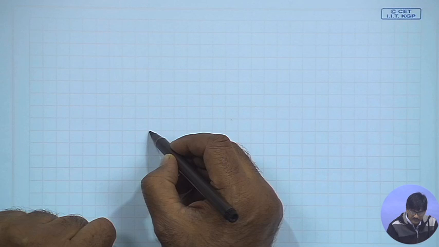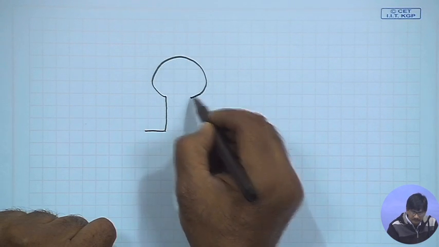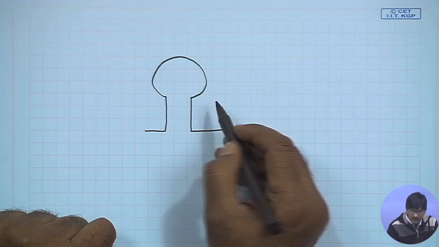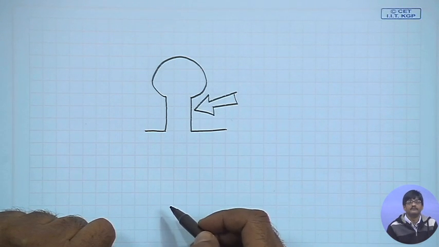If you have a body of this type, this side of the body is called the re-entrant side. Why?